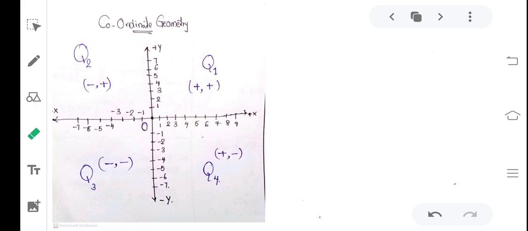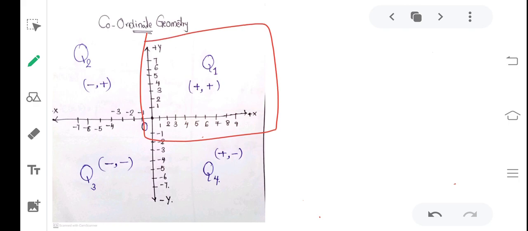And in the first quadrant, how the points are there, and in the second, third and fourth quadrants, how the points are. So now we are learning about that. In the first quadrant, observe the first quadrant only. In the first quadrant, the horizontal axis is plus and the vertical axis is plus.